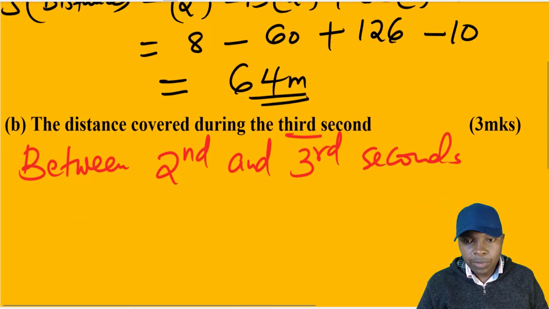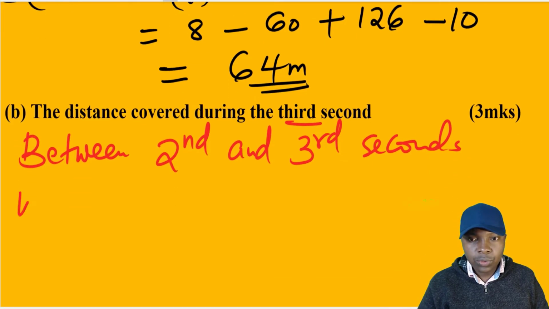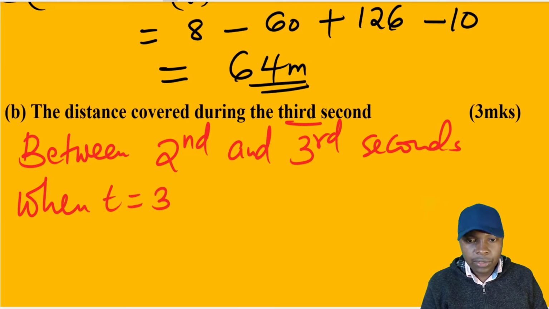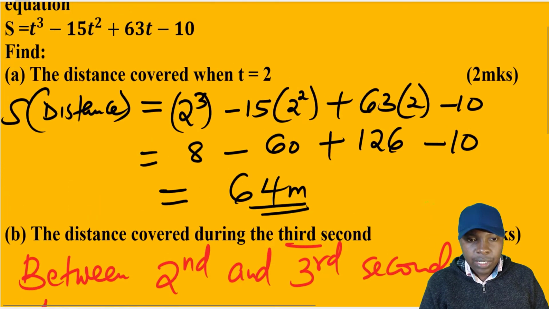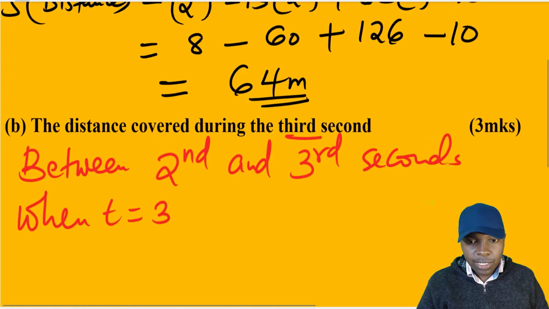That is what we mean by during the third second: between 2 and 3 seconds. So we need to get the distances for both. We get the distance when t is equal to 3, then the distance when t is equal to 2, and we get the difference of the distances.